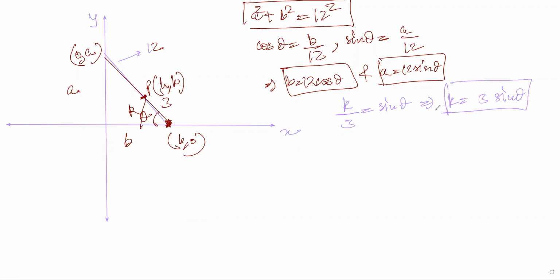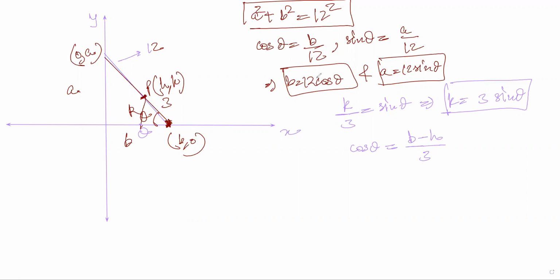And again, cos theta is equal to what? Cos theta is equal to this length. So first of all, this whole length is b, and this length from origin to this point, let's say q, is h. This should be b minus h divided by 3.